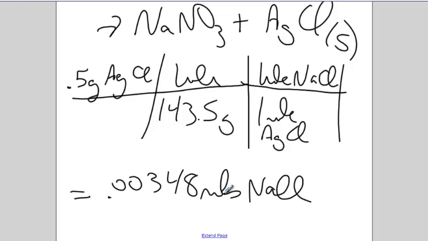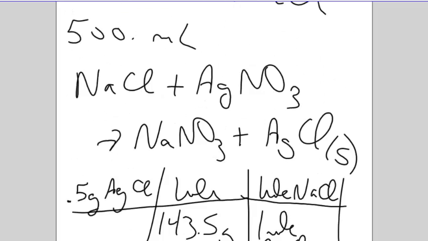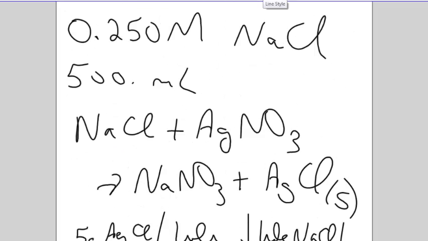How do I figure out what volume that is? Because remember, what I can't do is turn this moles into grams and go over to a balance and mass it, because I don't have any solid NaCl.